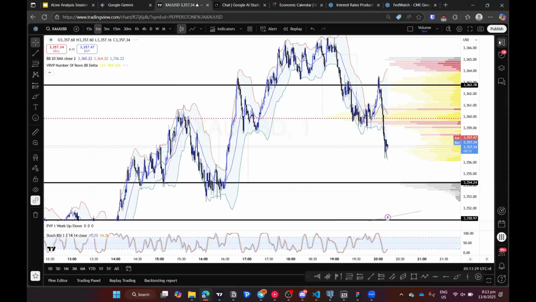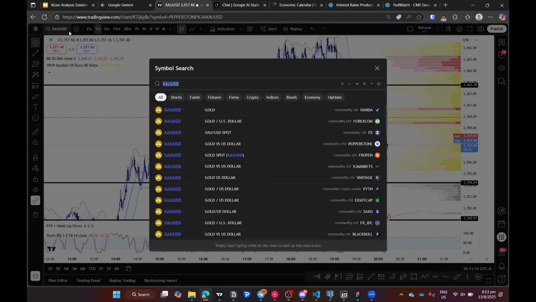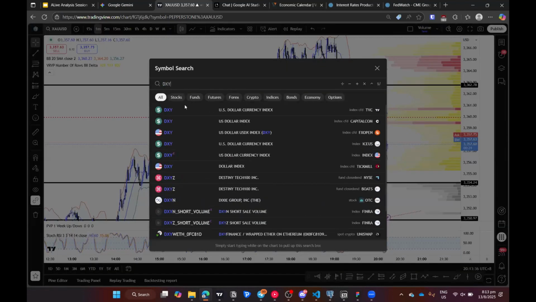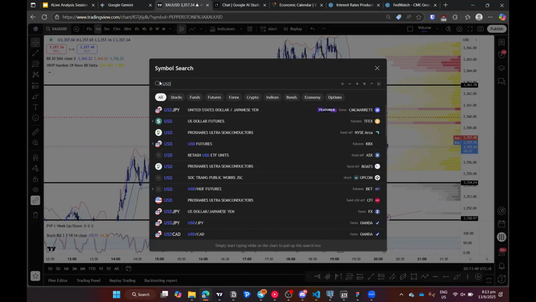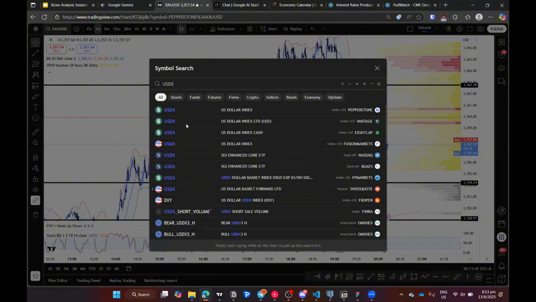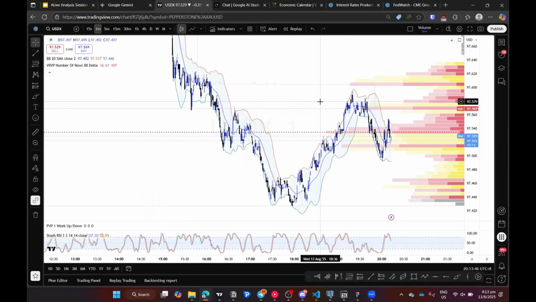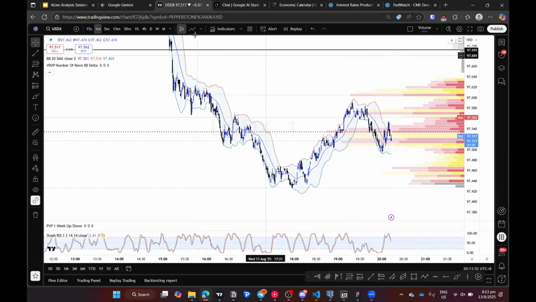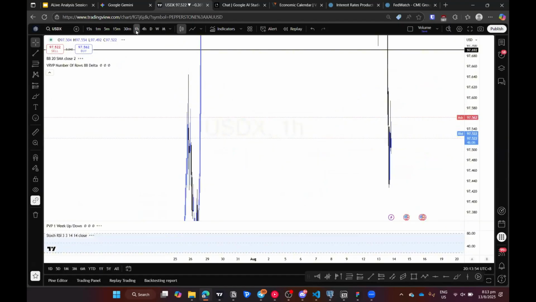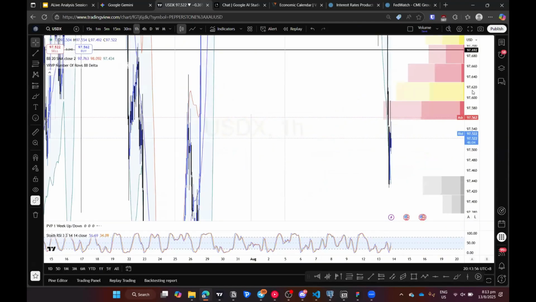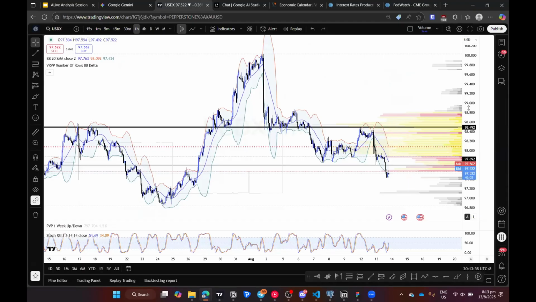Let's look at DXY first before we look at any of the other currencies. In Vantage, it's called USDX. The dollar index is basically an index comparing the US dollar with a bunch of currencies, and the biggest currency that forms this basket is the euro dollar.